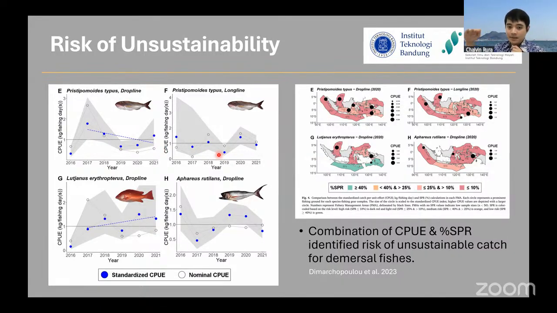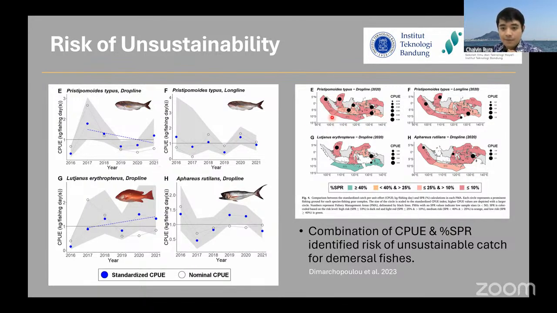It's mostly stable throughout the years. And even Lutjanus erythropterus has an increasing trend of catchment. But there are some demersal fish that have a decreasing trend in CPUE.